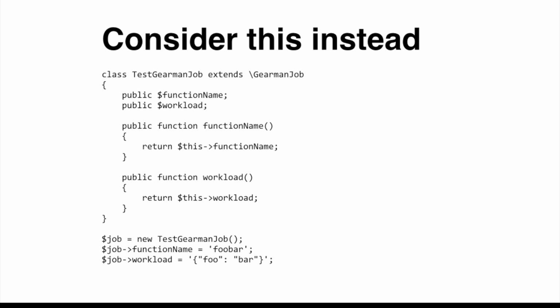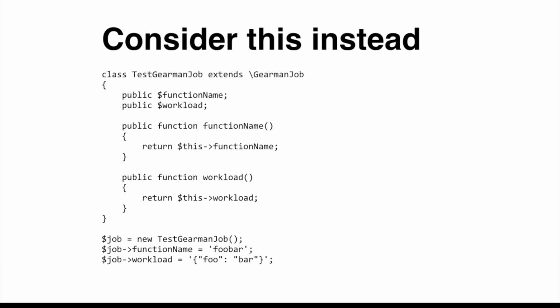What I like to do when I test stuff in the Gearman library is create a stub for a Gearman job. What this test class does is it just exposes the function name and the workload publicly, and then when I call function name and workload, I just return it. That's almost exactly what the actual Gearman job does. The only difference is that PHP doesn't give you an API for setting the function name or setting the workload.